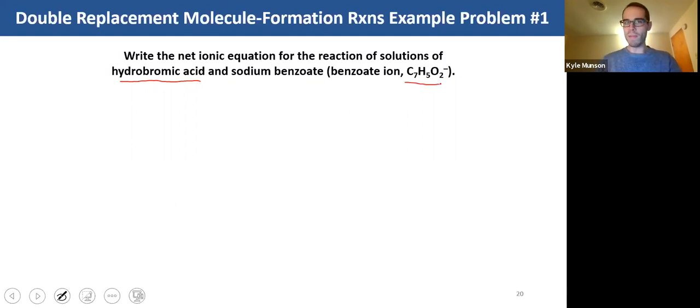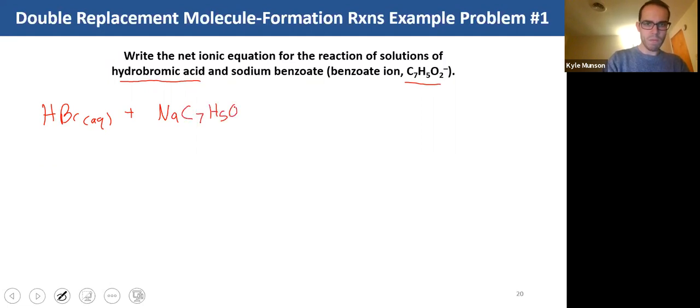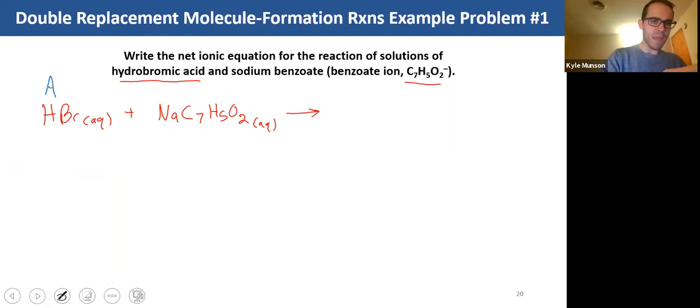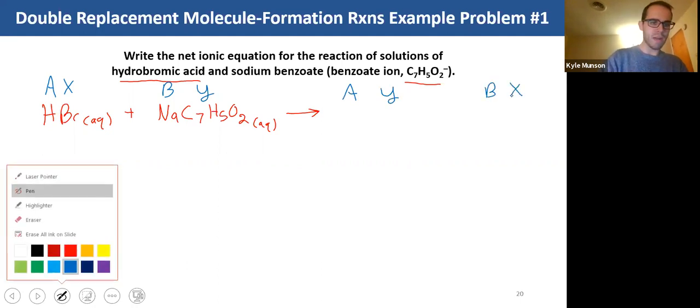So let's begin by writing the conventional equation, as always. We have hydrobromic acid plus sodium benzoate, also aqueous, gives us, remember this is a double replacement reaction, so AX plus BY gives AY plus BX. That's what we're going to get here.